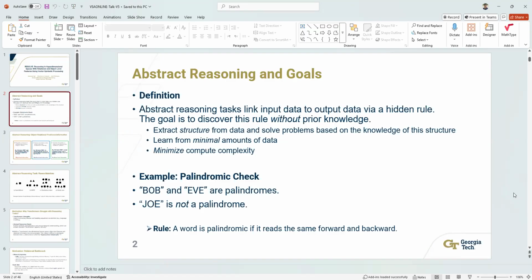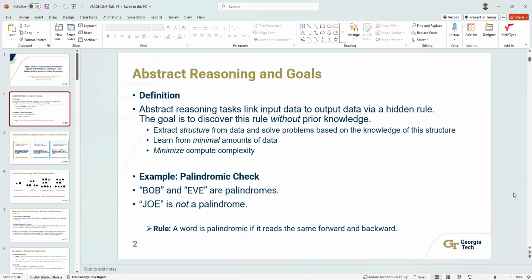The second goal is to minimize compute complexity. We really don't want to do massive amounts of computation. We want to see if there are hypervector encoding mechanisms that can help you reduce the number of arithmetic computations that you need. A simple example is given at the bottom of the slide. If you're checking for palindromes, for example, Bob and Eve are palindromes. Let's say I give you three letters or names and ask you, is this a palindrome or not?